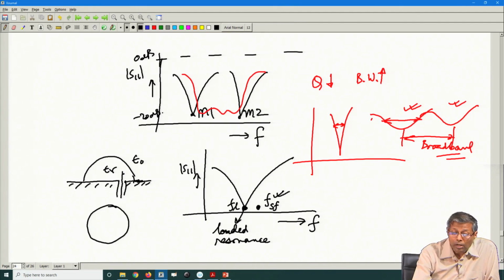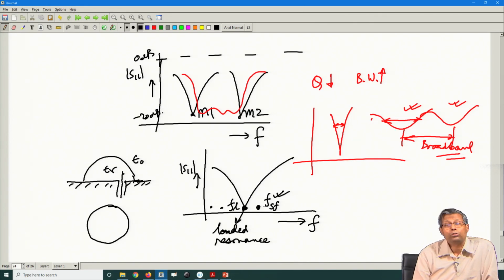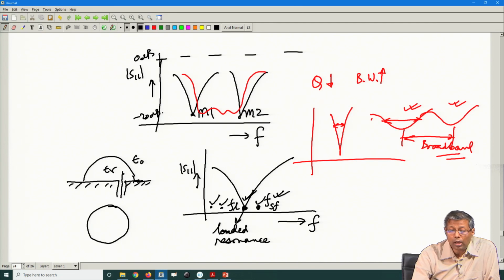In fact, at a particular loaded resonance, it can be contributed by 2 or 3 modes which are located close by. Okay, the radiation at this point can be contributed by this mode, it can be contributed by this mode and this mode in conjunction with each other.